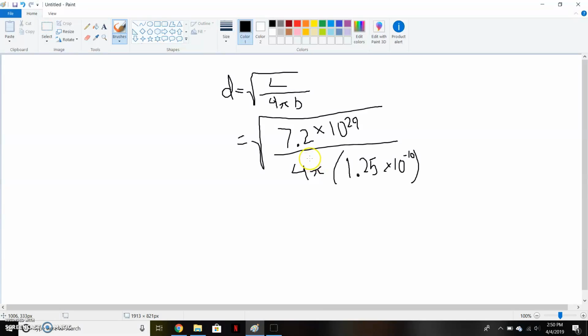And then we can calculate the distance, and we get 2.14 times 10 to the 19 meters. This is the answer for the first part of part D of question 3.